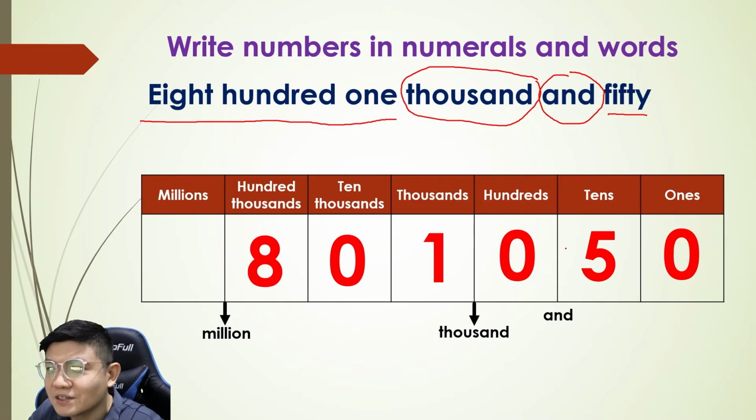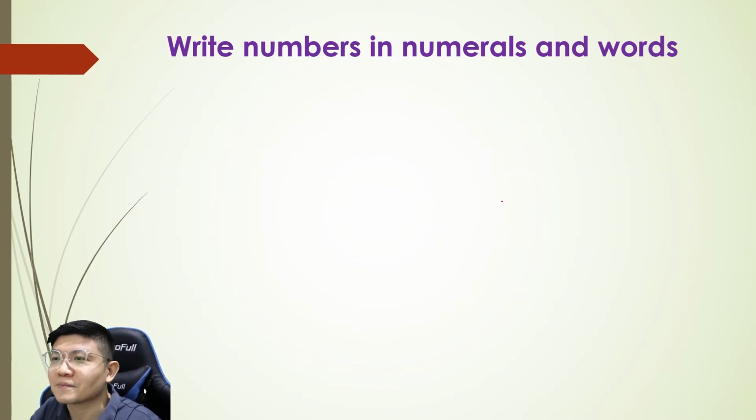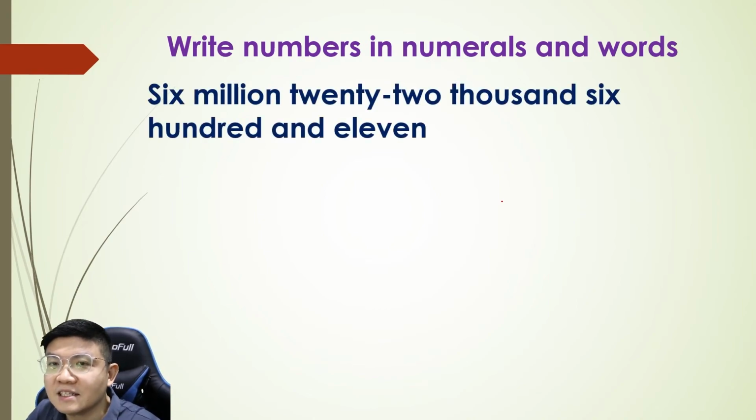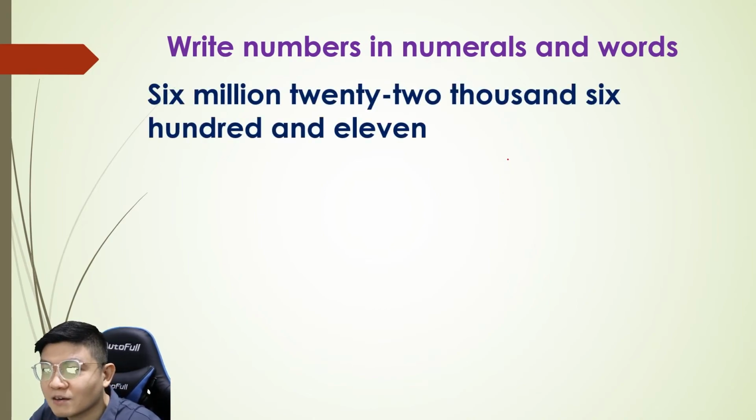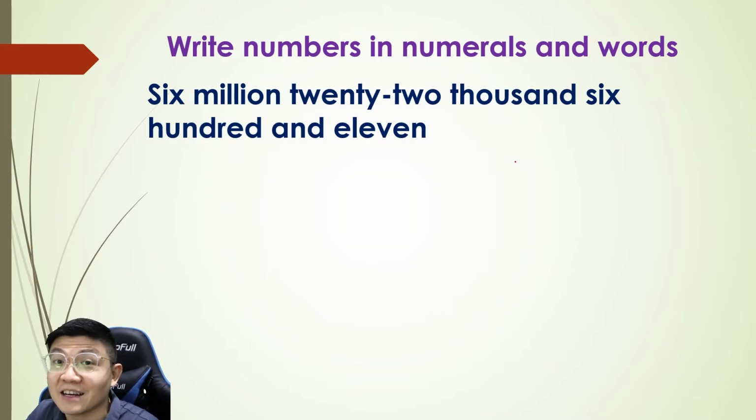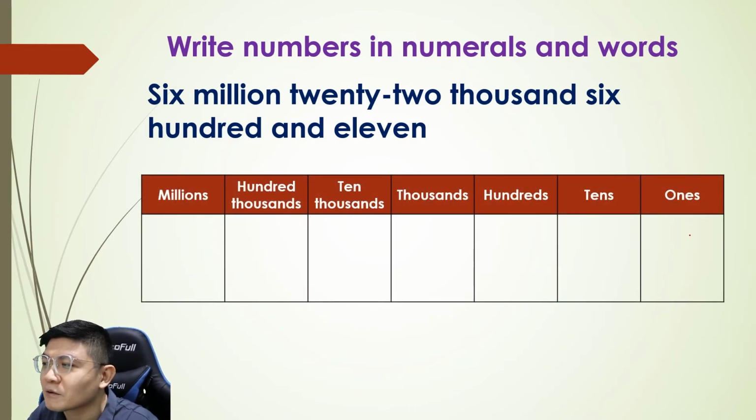Still confused? Next. 6,022,611. Yeah, I can read it. Still come back to the house of place value. Ones, tens, hundreds, thousands, 10,000s, 100,000s, and millions.